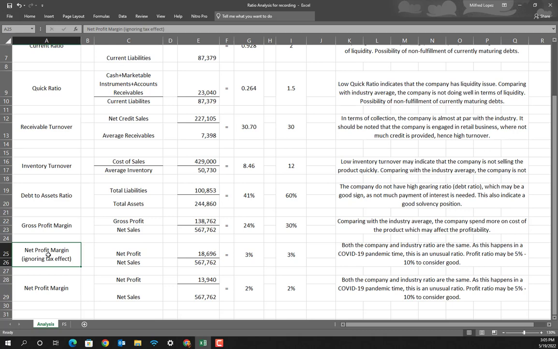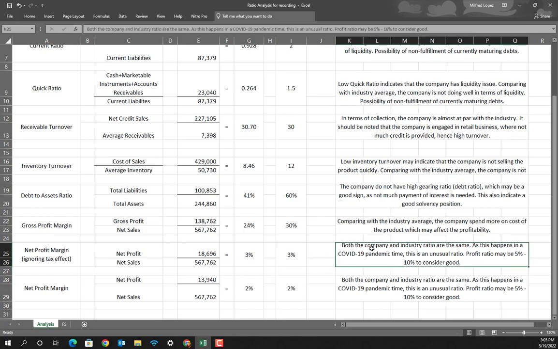Now, net profit margin, we have ignoring the tax effect and then having the tax effect. In this case, we have this figure for net profit margin: 3% without tax and 2% with tax. Both of these are at par with the industry.